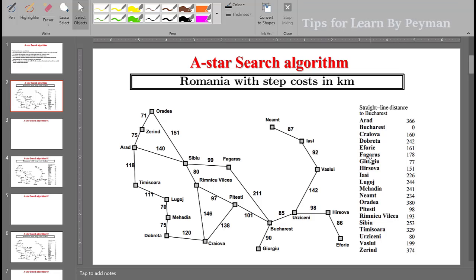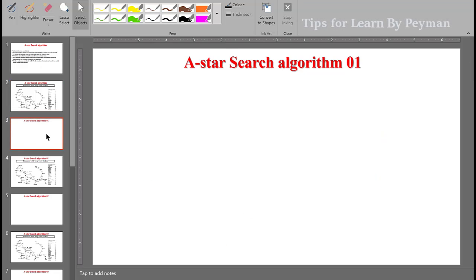For example, if we are located in Fagaras city, its heuristic to reach Bucharest is about 178. Here you can see. So let's see how the A-star search algorithm works on this graph.